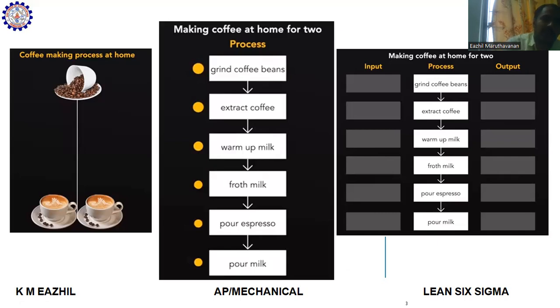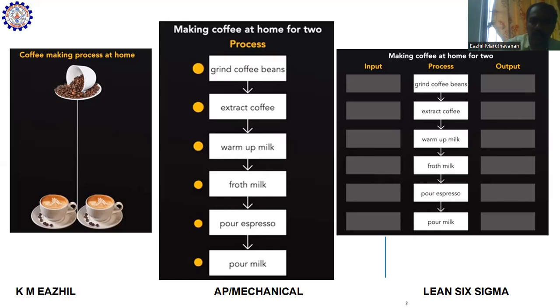Here, let us take the coffee making process as a simple example for this concept. I want to make a coffee for 2 people. So I have to make a detailed analysis of the process of making a coffee. For making a coffee, we have to grind the coffee beans initially. Then we have to extract the coffee powder.